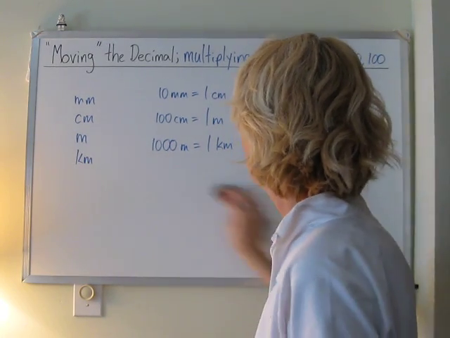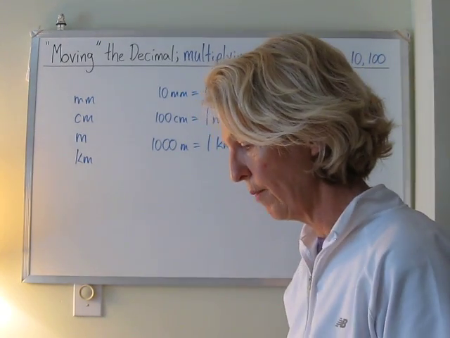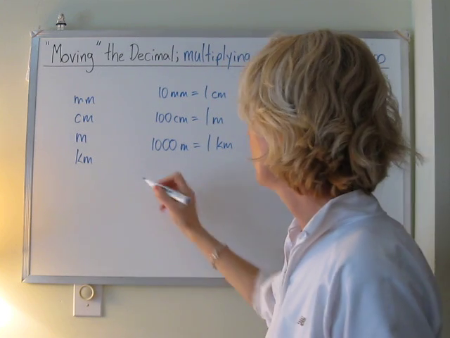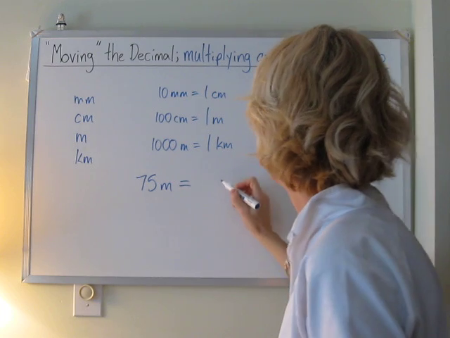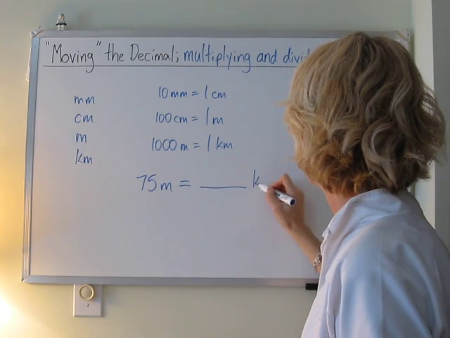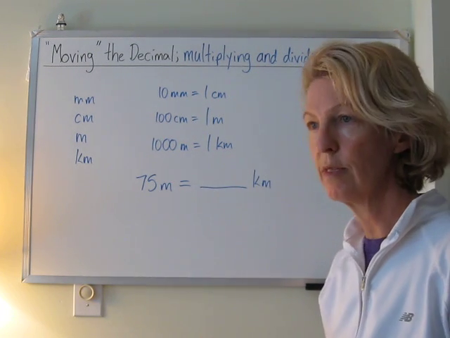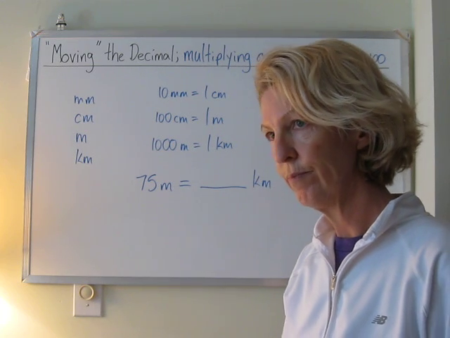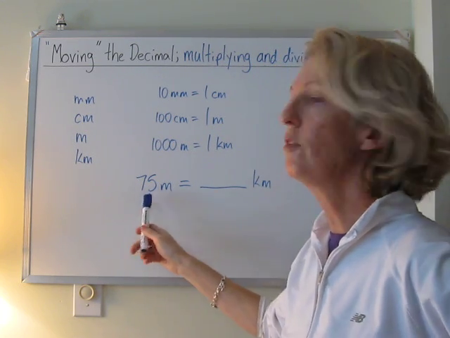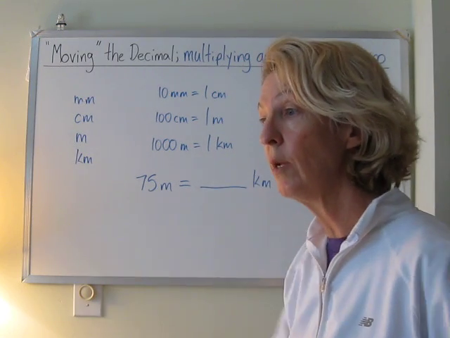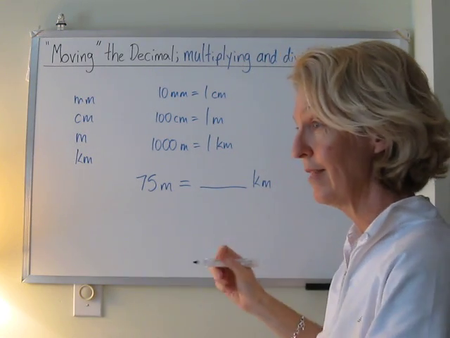Now, what if we have a measurement that is 75 meters? How many kilometers is that? What are we going to divide this by? Yeah, good. Because it's less than 1 kilometer.